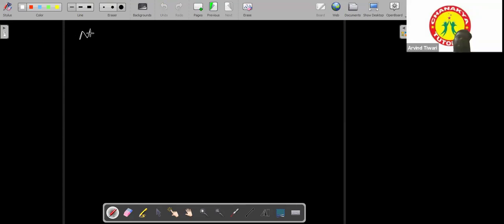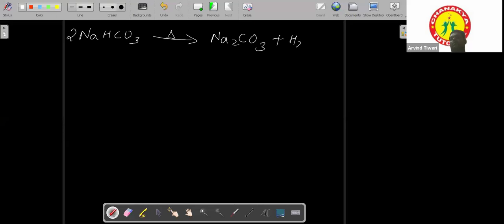See, if you heat baking soda, sodium hydrogen carbonate, you will obtain Na2CO3, sodium carbonate, a water molecule, and carbon dioxide.